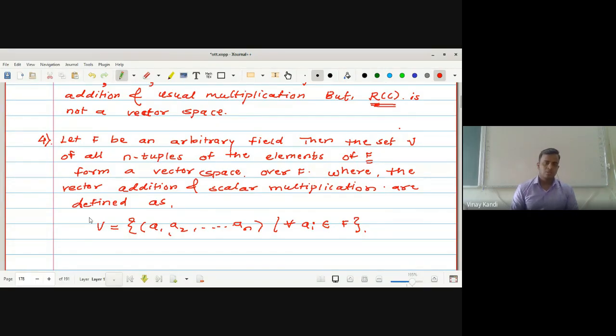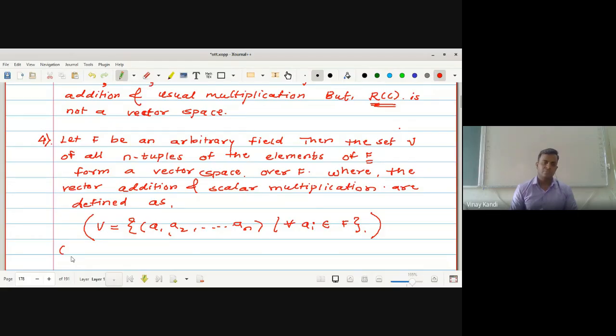Now the vector addition and scalar multiplication are defined as follows. The elements of V are called vectors.